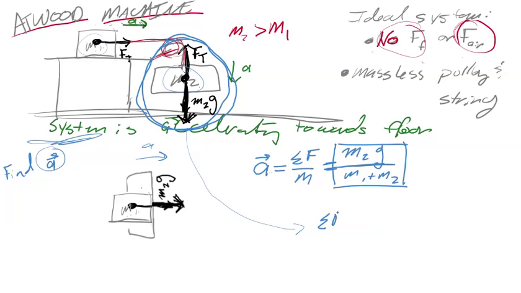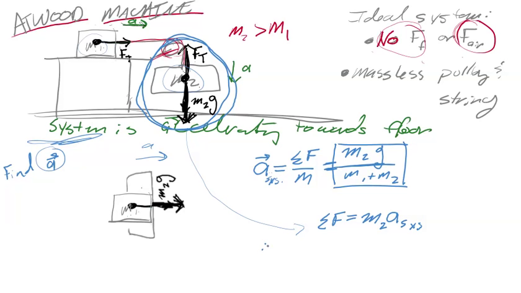So the net force acting on M2 only in this case is equal to the mass of 2 times the acceleration of the system. I should write system up here, because it's got both masses. So the acceleration of the system.